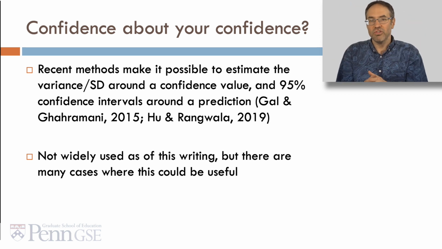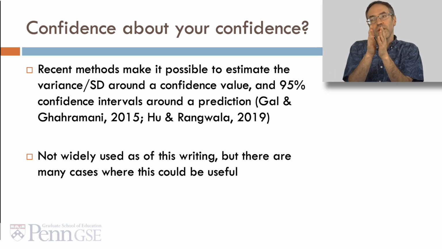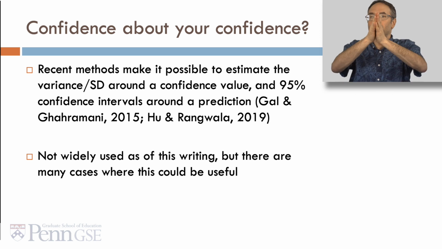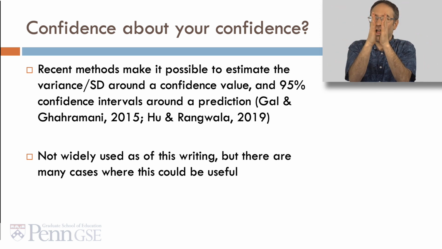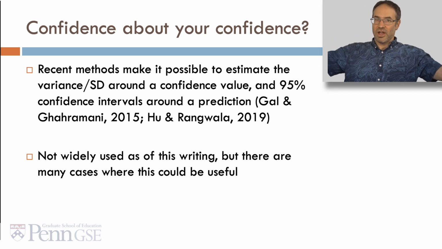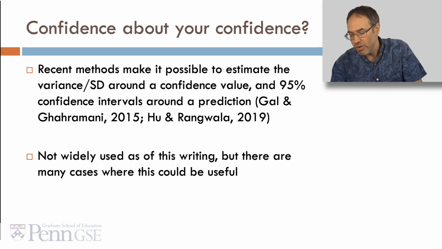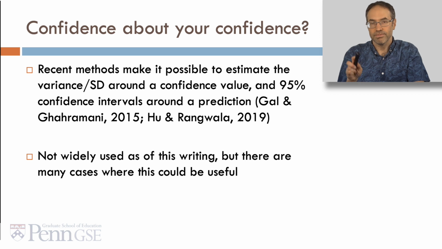It's not widely used as of this writing, but there's a lot of cases where this makes more sense than simply saying 75%. Knowing that the model is very confident about the fact it's 75% confident, or that it's really not that confident at all about that estimate, can tell you a lot about what you should use those predictions for.